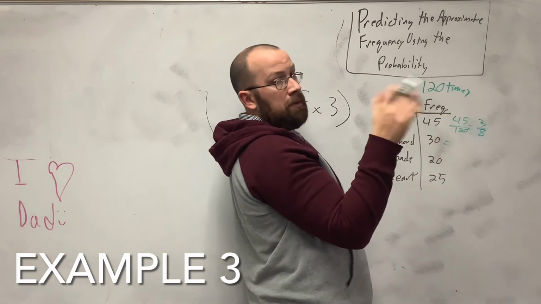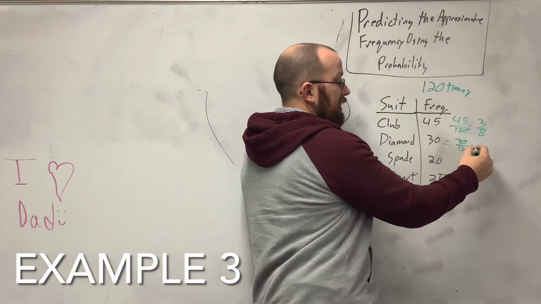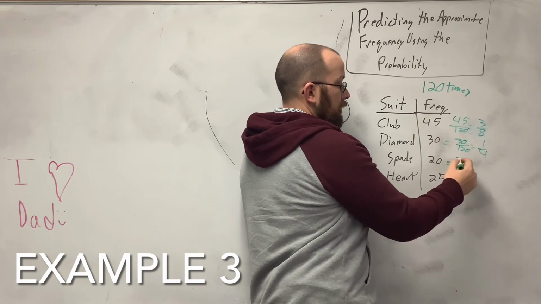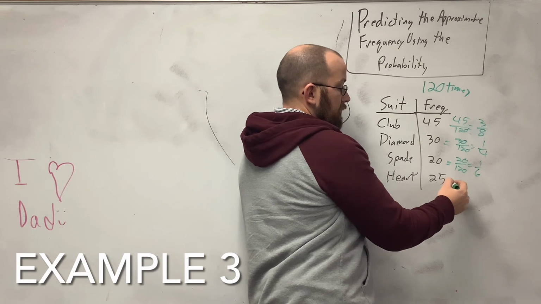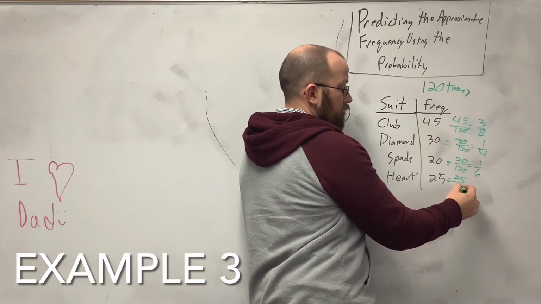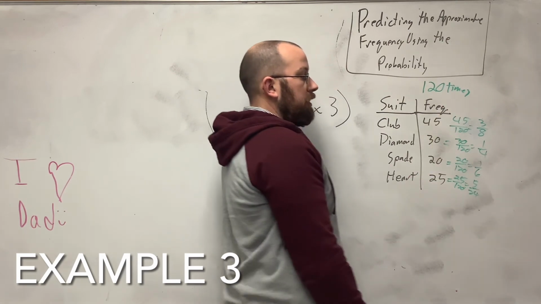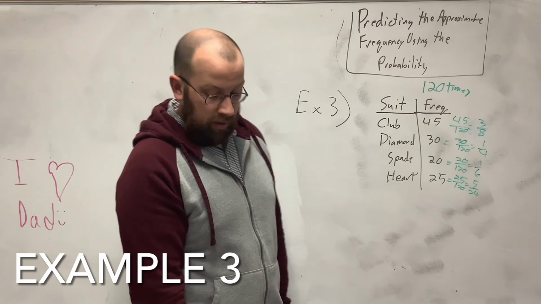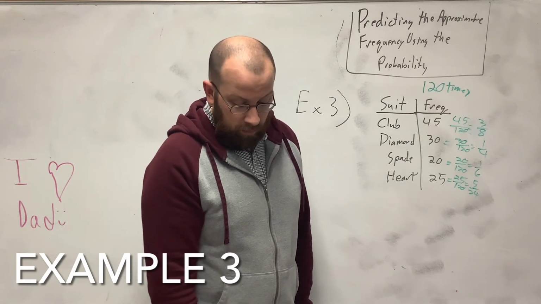Relative frequency is the number of times you pull it over the total number of times you did it, by the way. If I didn't say that already, 1/4. That's 1/6. And that's 5 over 24. So those are all my relative frequencies, and it's just that simple to find a relative frequency.